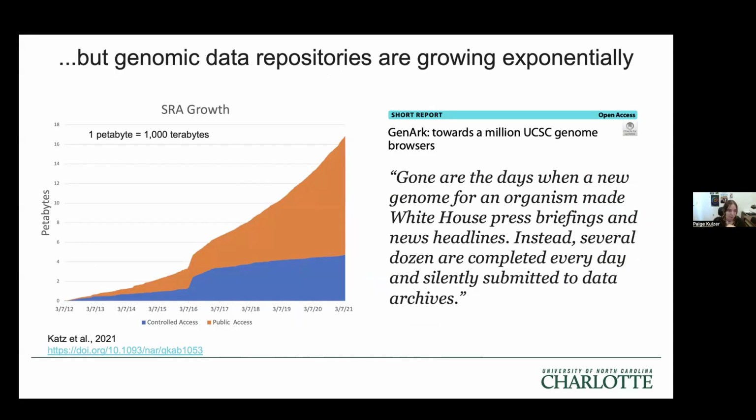And there was a nice quote from a short report by the UCSC team that said, "Gone are the days when a new genome for an organism made White House press briefings and news headlines. Instead, several dozen are completed every single day and silently submitted to data archives," which yeah, is true. It's almost impossible to keep up.